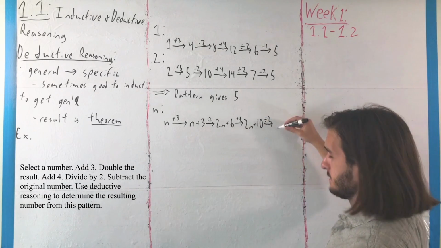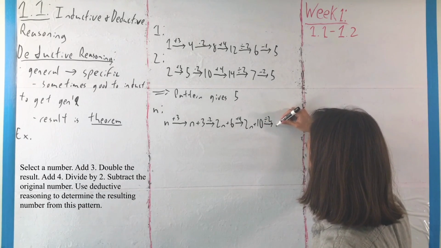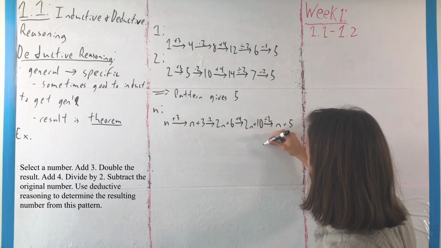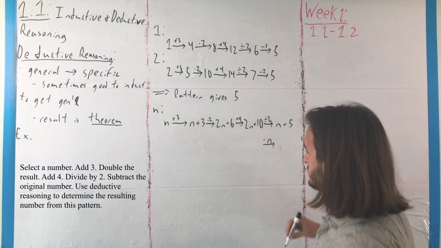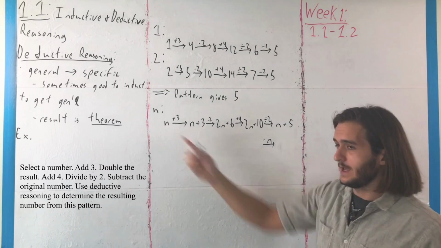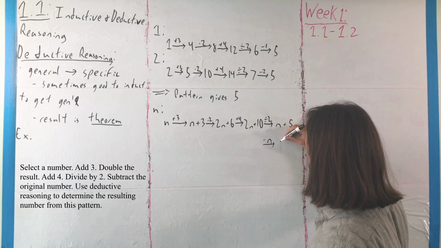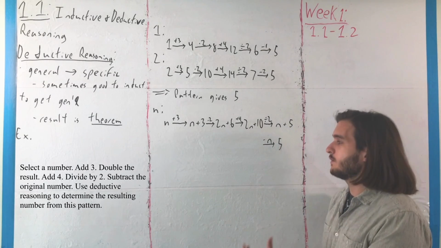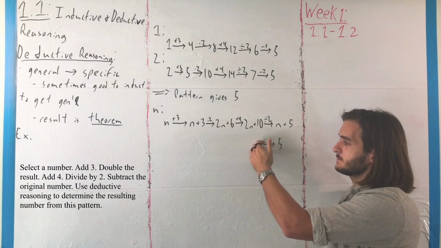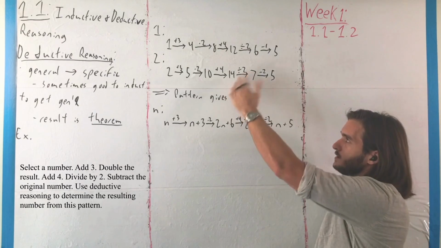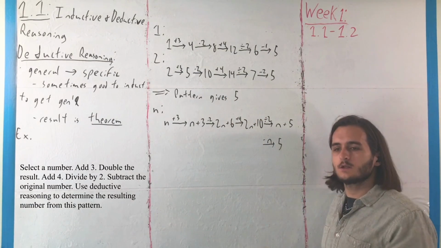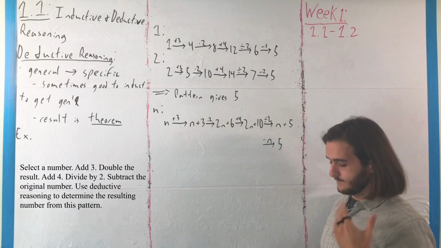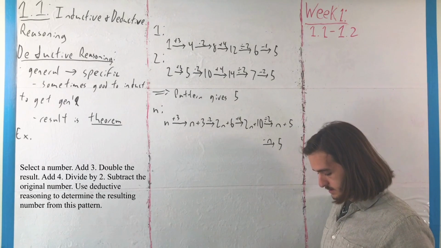Divide 2n by 2, and you'll be left with n. Divide 10 by 2, and you'll be left with 5. So at our last step, when we subtract the original number, n, what we're going to end up getting is just 5, which tells us that for any value we want here, n, remember this is a placeholder for anything that we can put in, not necessarily 1, 2, 3, 4, but that's usually what we use n for, we should get 5 back.